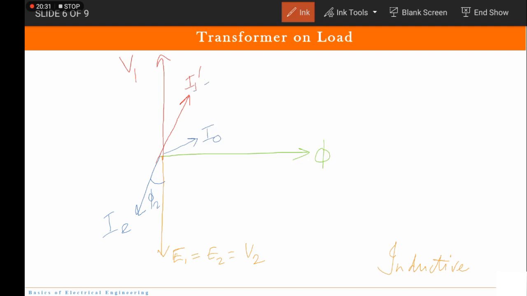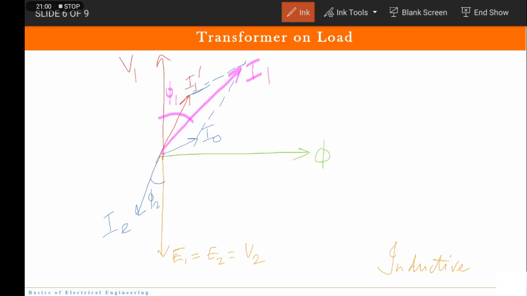Now for the resultant, we have to draw the parallel line. So this is the resultant current I1 and this is the phase angle phi 1. Understood? So this is how the inductive load phasor diagram is drawn.